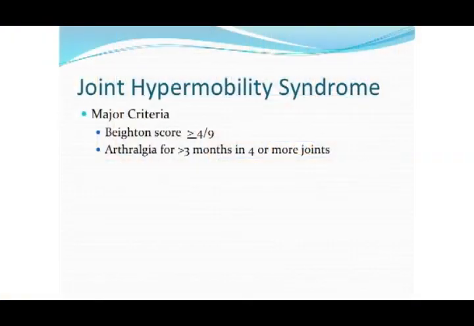So for joint hypermobility syndrome, the major criteria include a Beighton score of 4 or more, and arthralgias for more than 3 months in 4 or more joints.